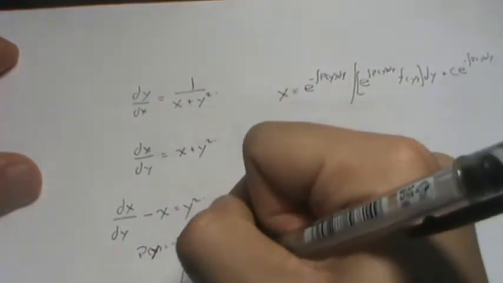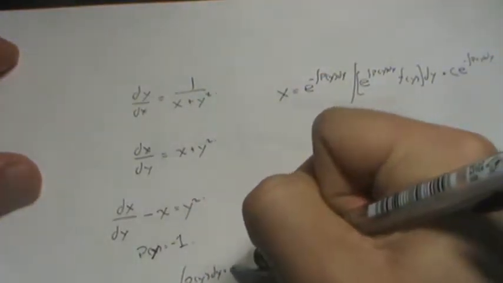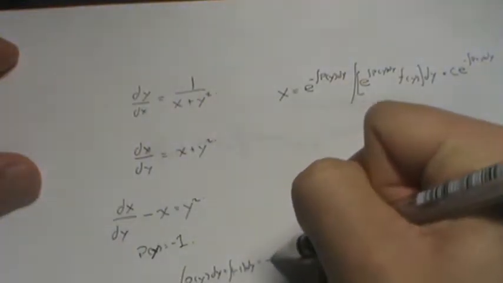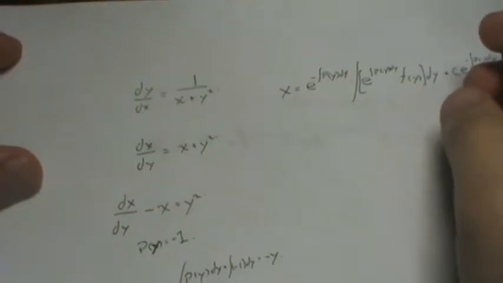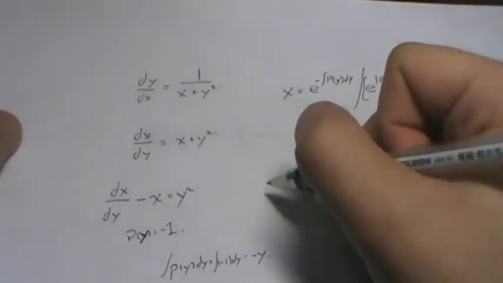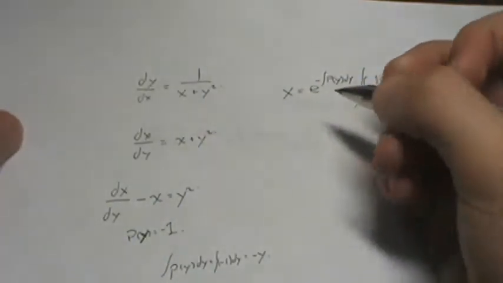So our integral of p of y dy is equal to the integral of minus 1 dy, that's equal to minus y. Okay, everything looks easy. So now let's integrate everything, and our f of y is equal to y squared.